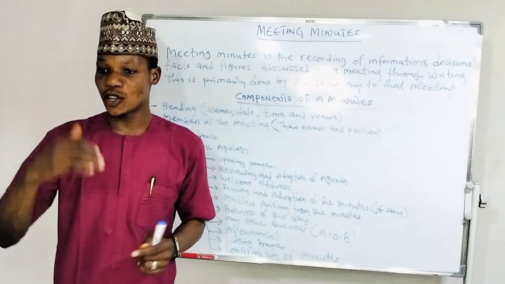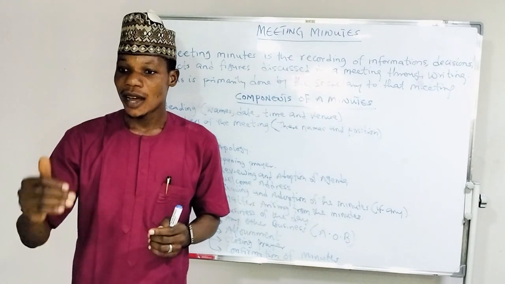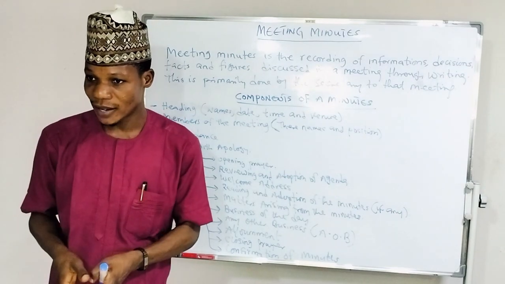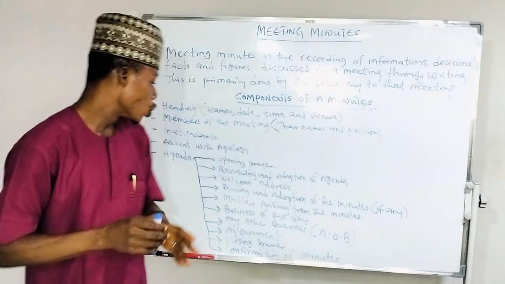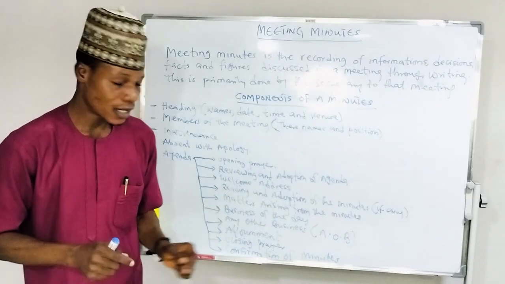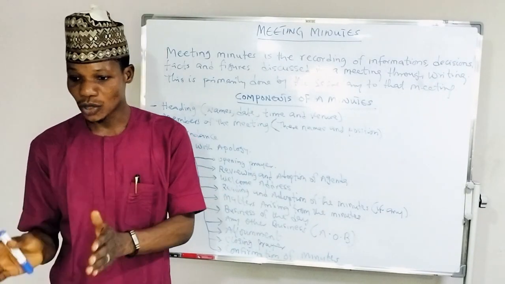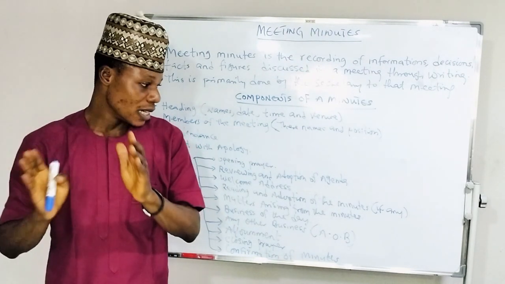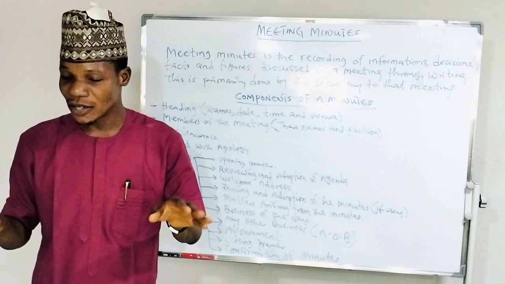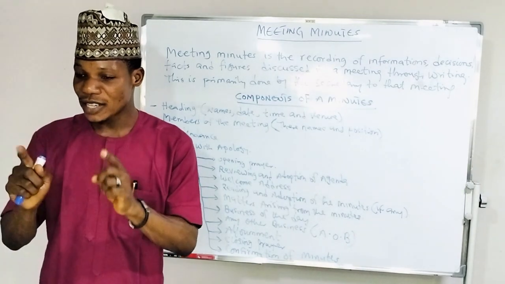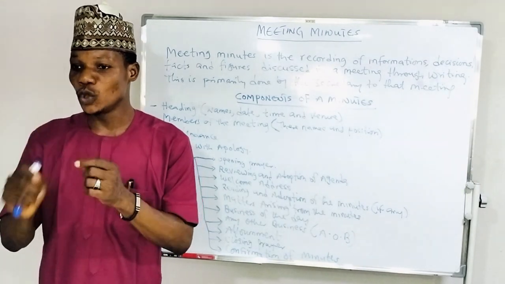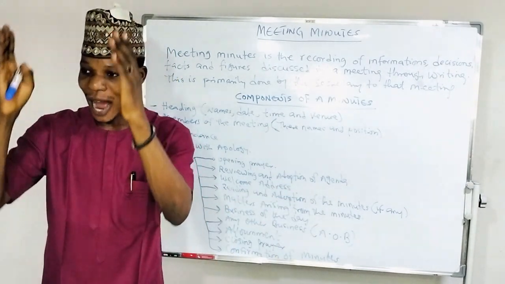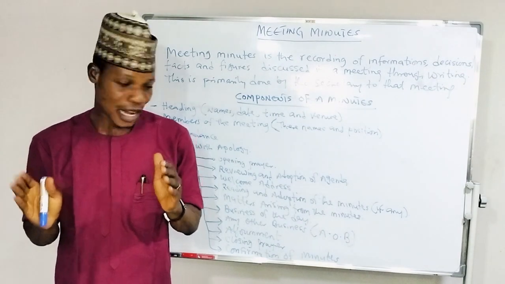But if the organization has had a meeting before the present one, there will be need for them to read and adopt the minutes. If there is a correction, or if there is none, the members will go ahead to adopt the minutes. But if this is the first time they are holding a meeting, there's no need for you to include reading and adoption of the minutes in your agenda.